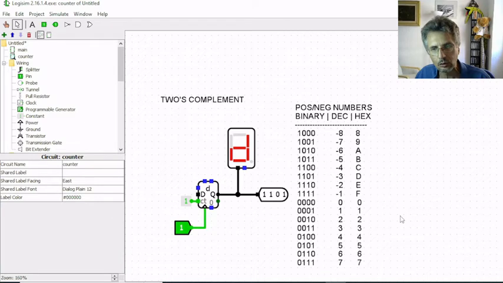But I want to show you that this is the simplest, most natural way to represent negative numbers using the binary system. First, we have this interesting property that all numbers beginning with 1 are negative and all numbers beginning with 0 are positive.